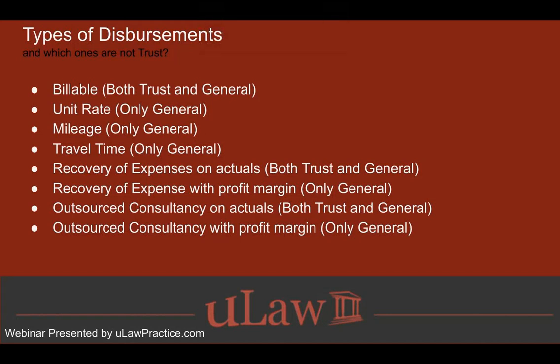Outsourced consultancy on actuals also goes into both trust and general, but outsourced consultancy with profit margin is only the general account. So keep in mind that types of disbursements with profit margin go only out of the general account. Anything with actuals, you can use both trust and general. And travel time, unit rate, and mileage go only from the general account again. And billable, like consultancy on actuals, can go from both trust and general.